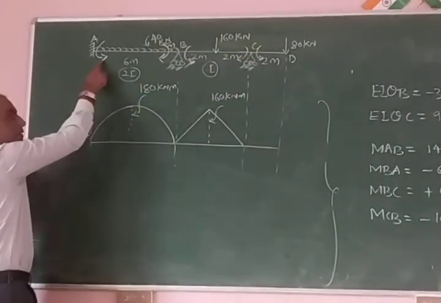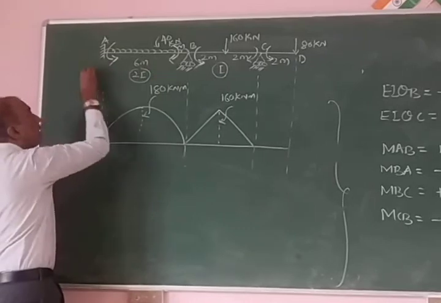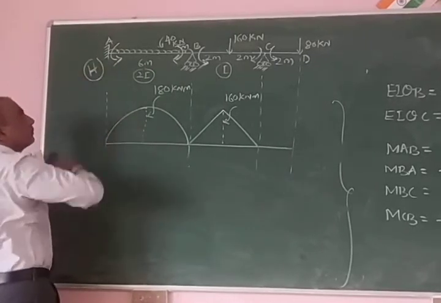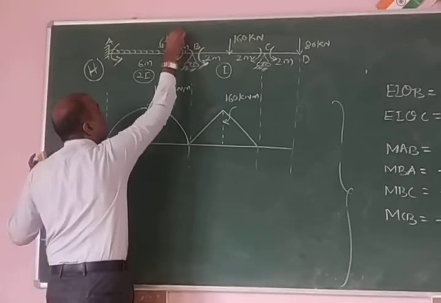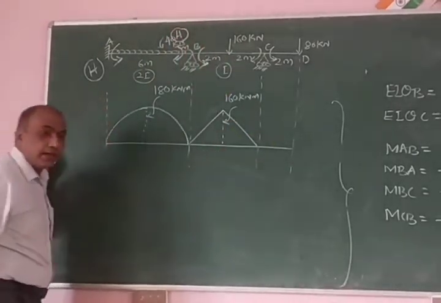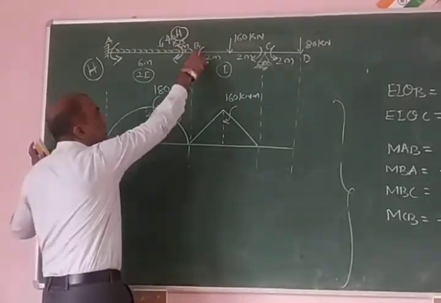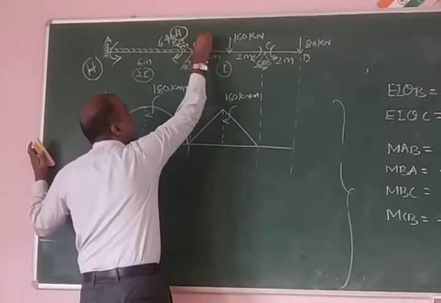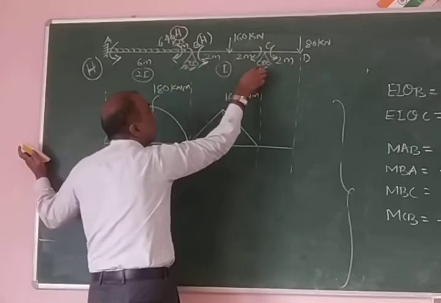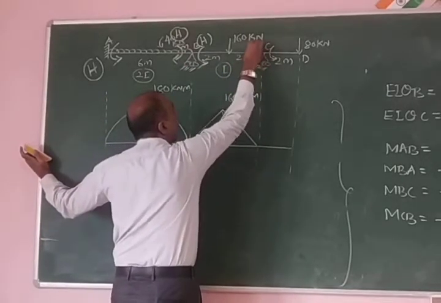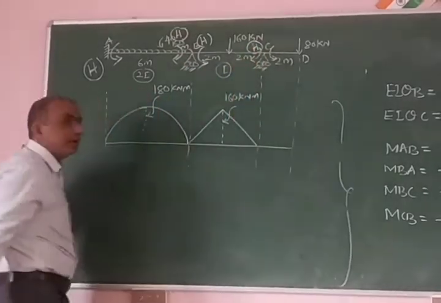So anti-clockwise on the left side of AB, hogging; clockwise on the right side of AB, hogging. Again, anti-clockwise on the left side of BC, hogging, and clockwise on the right side of BC, that is MCB, again hogging. That means all the moments are hogging in nature.